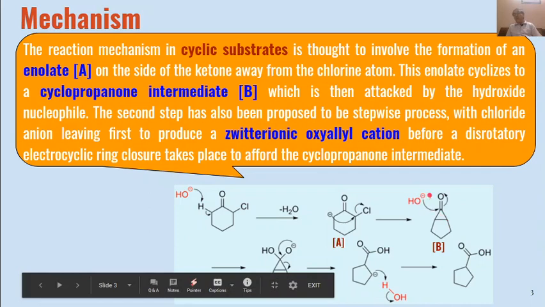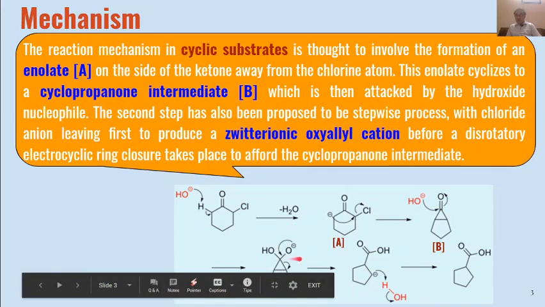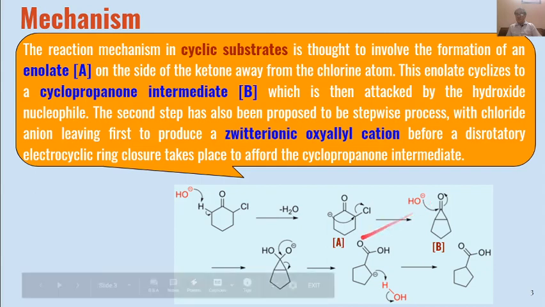Then the base will again attack this carbon of the carbonyl, and an enolate ion will be formed. This carbon oxygen double bond will become a carbon oxygen single bond, and the negative charge will be on the oxygen.